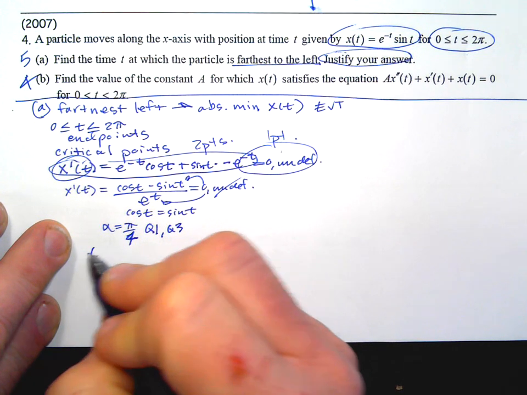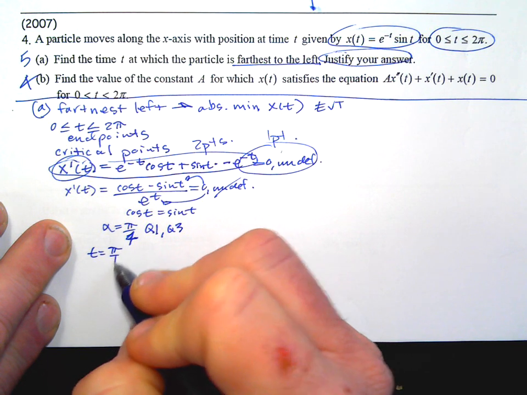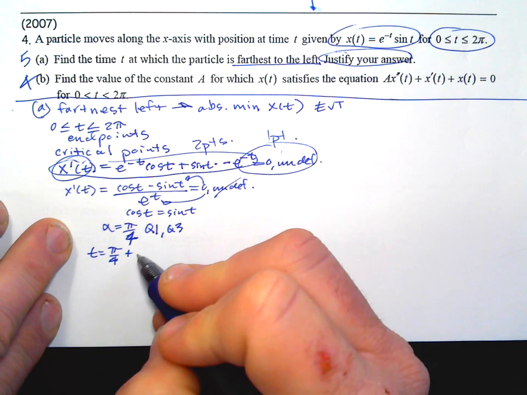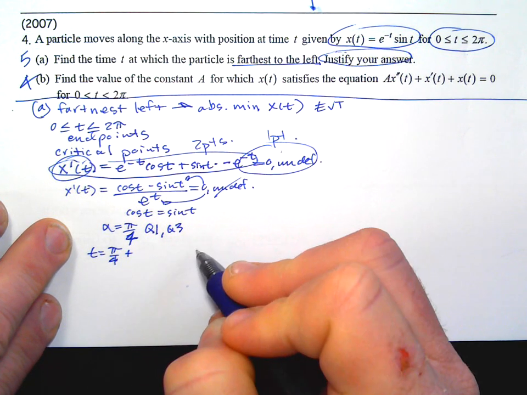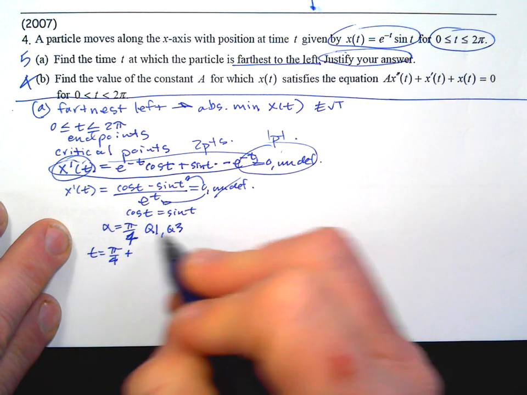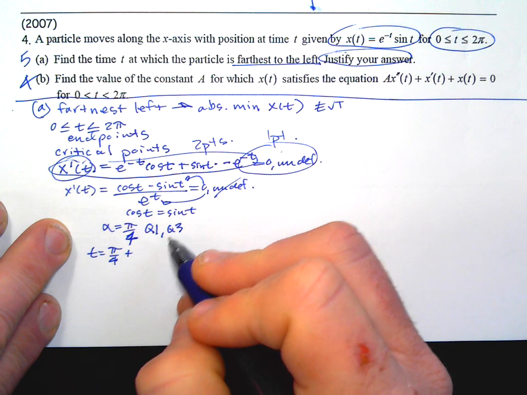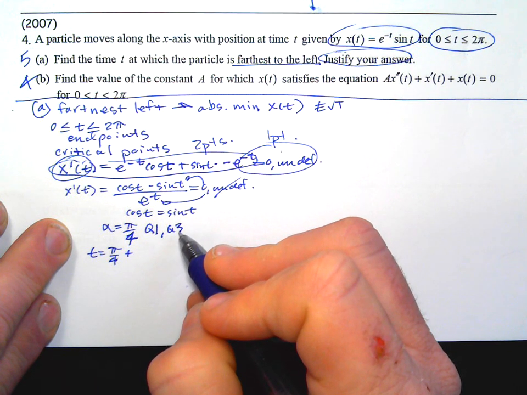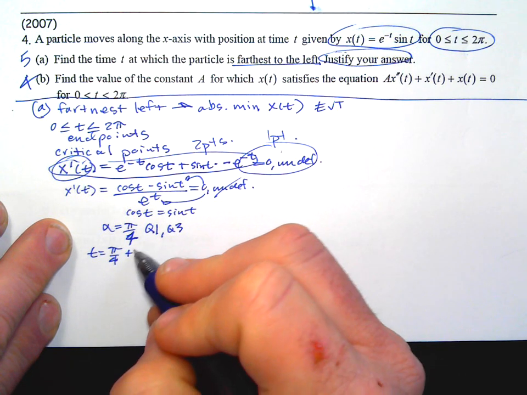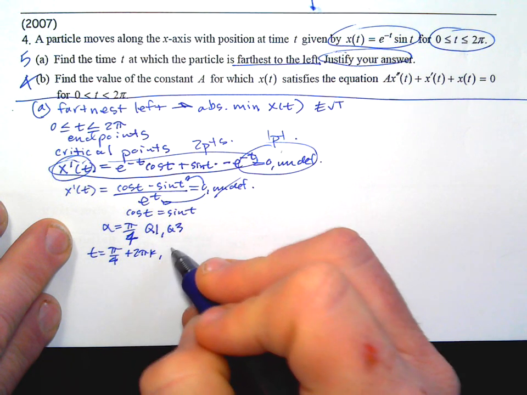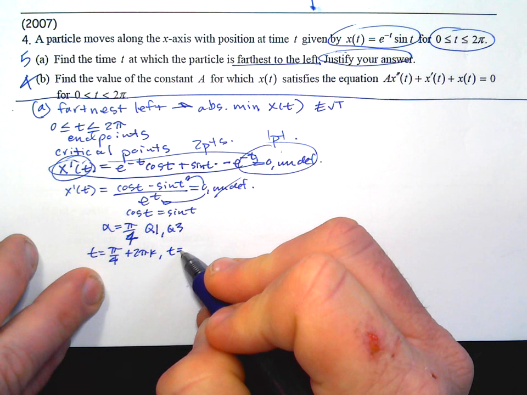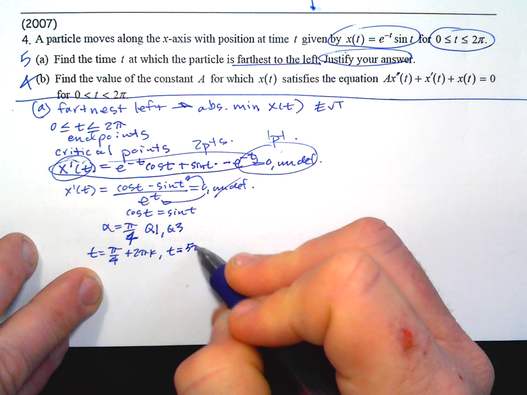So t equals pi over 4 plus, now by the way, we usually do pi over 4 plus 2 pi k and then do the third quadrant. Let me back up on that. So that's quadrant 1. Quadrant 3 would be 5 pi over 4, right?